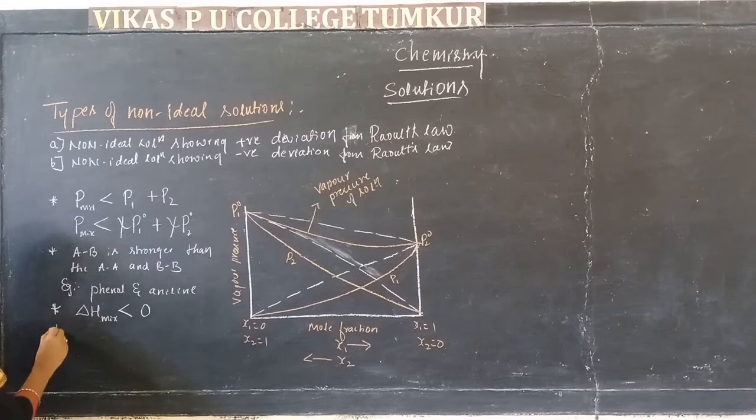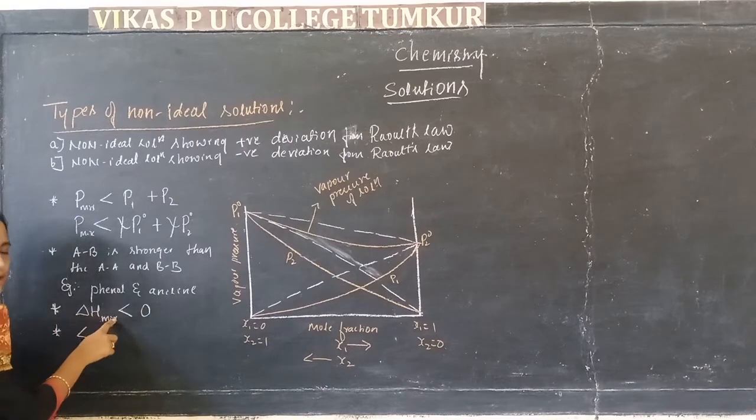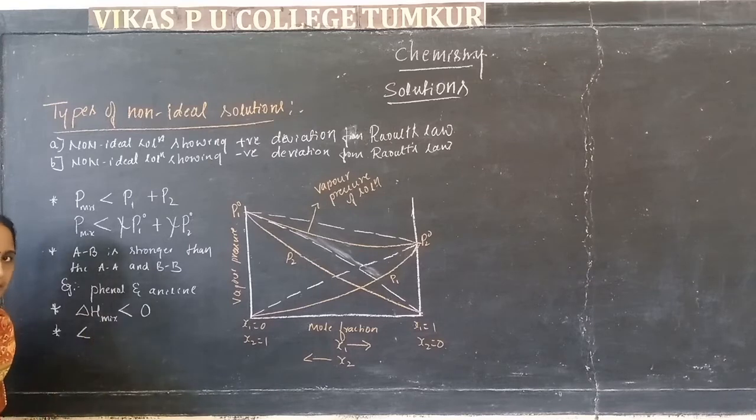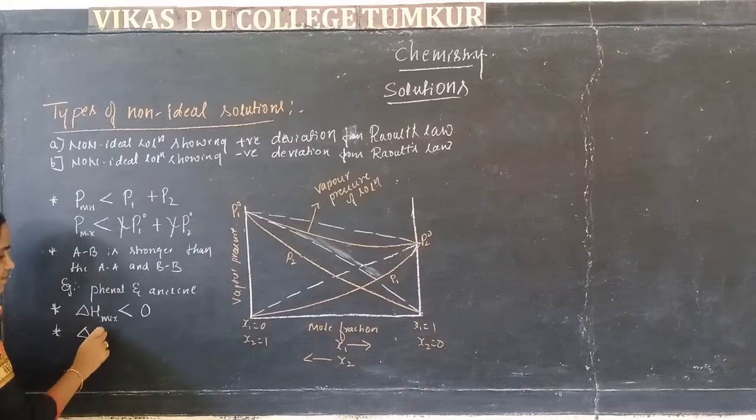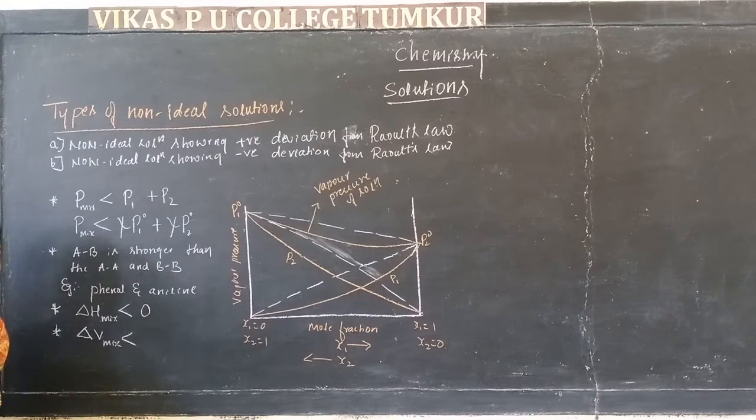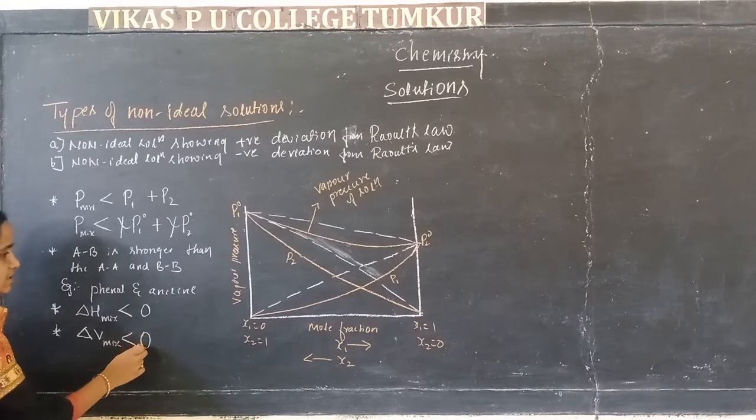Then the volume of the mixture is going to be less than the sum of the volumes of the two components, that is, the change in volume is less than 0.